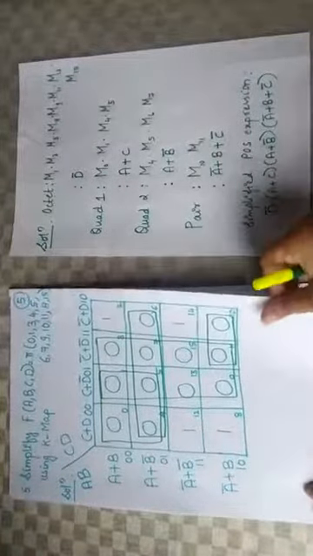Okay. So this is the simplified expression for this problem. So I think students, you are clear that how a product of sum expression can be simplified with the help of K-maps. Okay. Now let us go for the next set of examples.